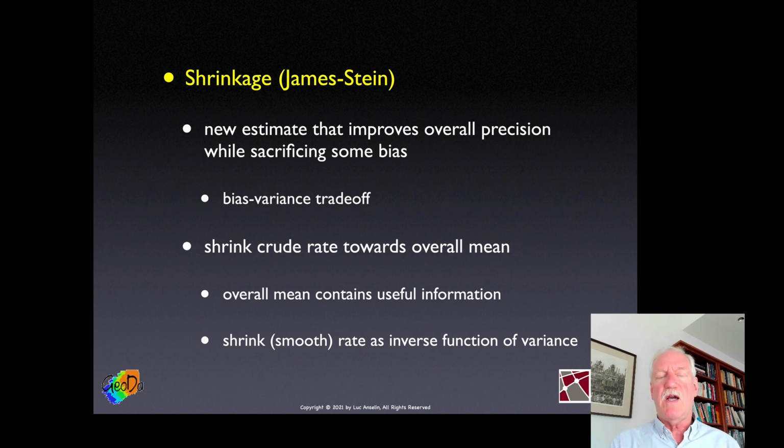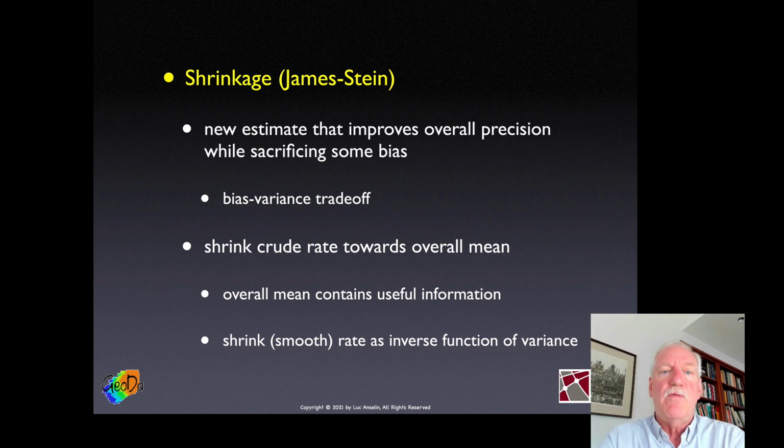We are shrinking our estimate towards some reference rate. And this shrinkage principle was spelled out formally by James and Stein in a very famous paper, and it has to do with the trade-off between bias and variance.